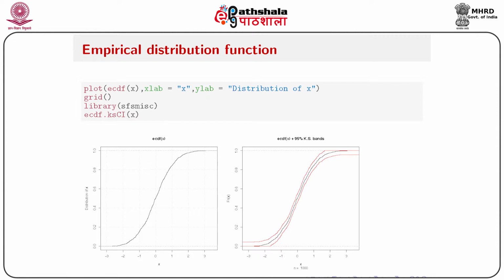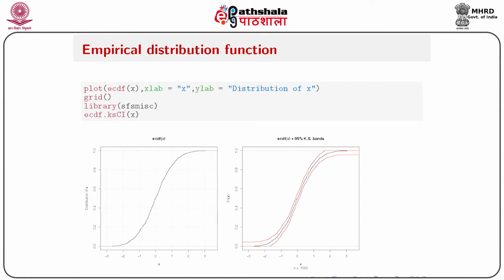Now the next option is to use the function ecdf.ks.CI that I mentioned in the previous slide. It is available in the library sfsmisc. If you don't have it, first you have to install the library and load it, and only then can you use this function.